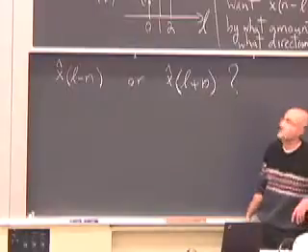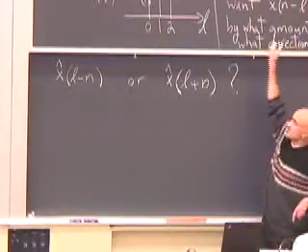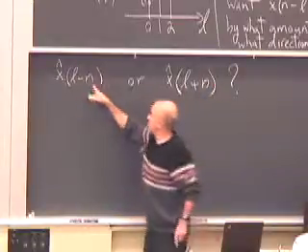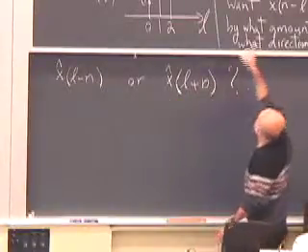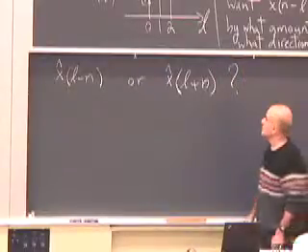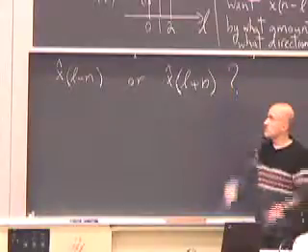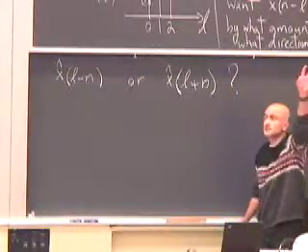Which one? When you look at the relationship between x hat and x, which one of these will produce x of n minus L? Who says the first one? Who says the second one? Well, let's do it.